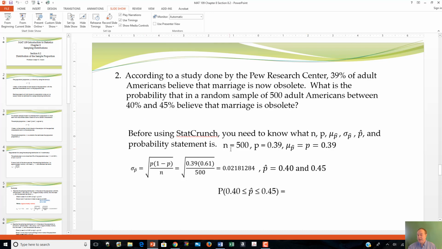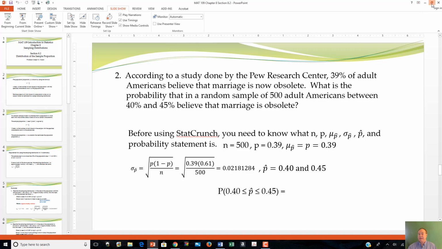Well, this time N is still 500, P is still 0.39, mu of P hat is still 0.39, sigma P hat is still the 0.0218, 1284, but now P hat this time takes on two values, 40%, 0.40, and 45%, 0.45. What's the probability statement? We're looking for P hat to be trapped between 40% and 45%, but use decimals.